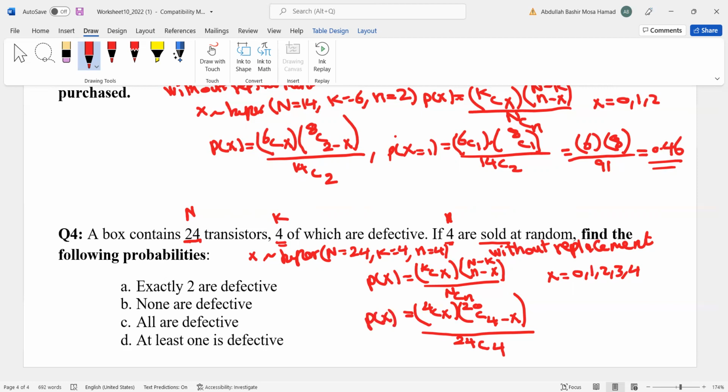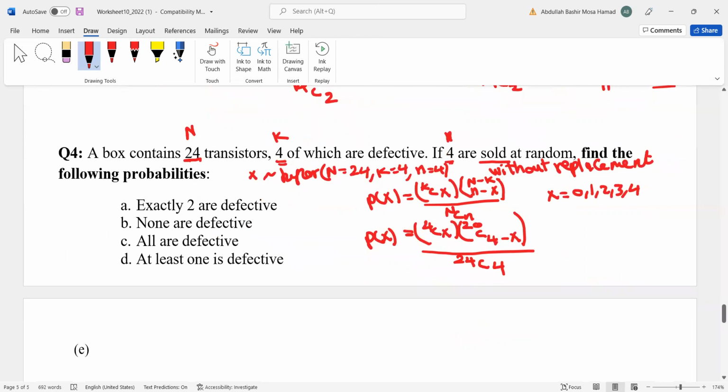Exactly 2, we put X equal to 2. Let's see. For the first question, exactly 2 means X equal to 2.